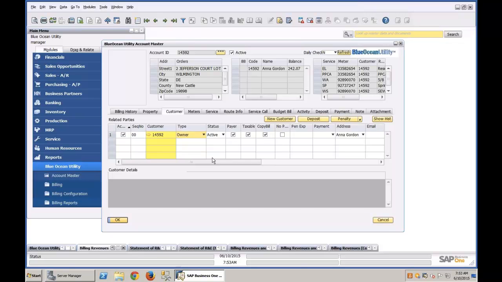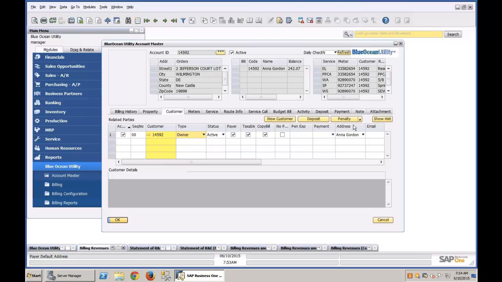For billing purposes, we'll indicate that this person is the payer and that they receive a copy of the bill. Note also from this screen that we can add a new customer to a property directly from the screen. We can collect a deposit for a first-time tenant or customer, and we can assess a penalty.